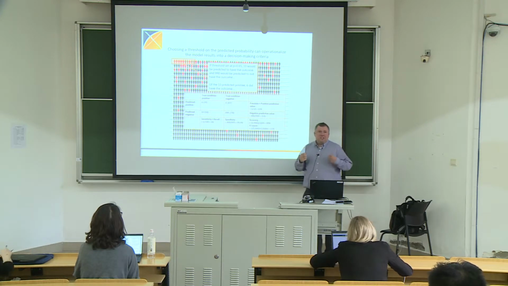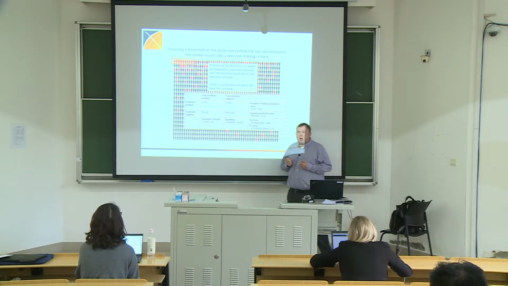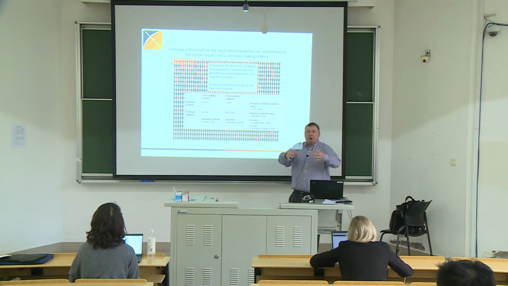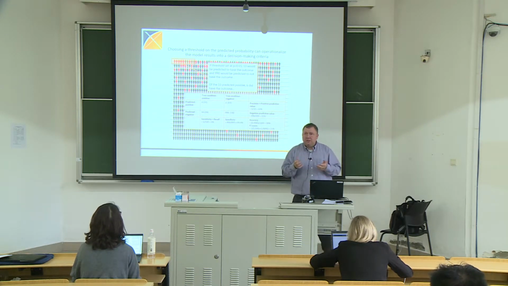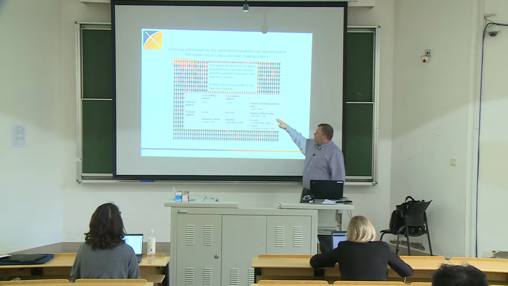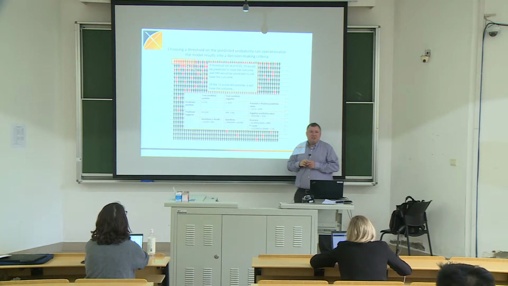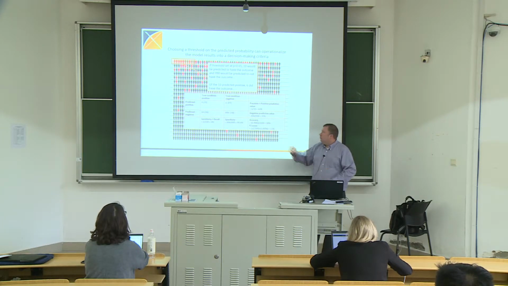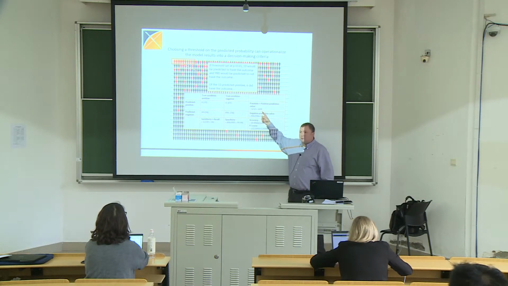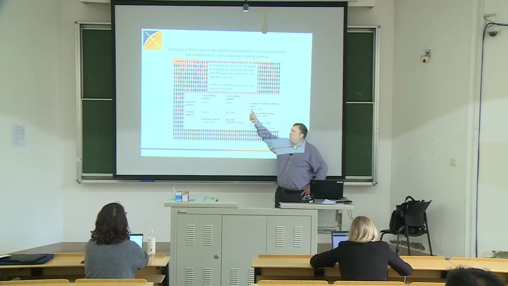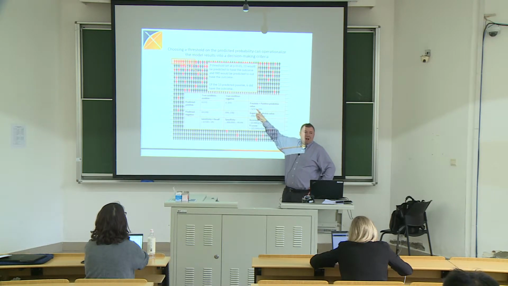Some of the statistics that we can use to summarize how well a prediction model works in healthcare are some statistics that I'm showing here. A very common one to discuss is positive predictive value, which sometimes you'll see in papers referred to as precision. And that is the number of true positives divided by the total number of predicted positives.